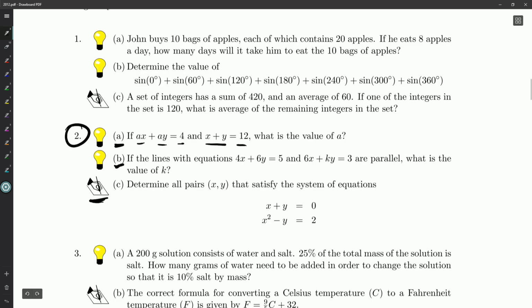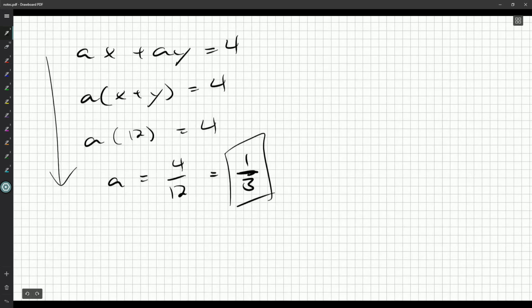If the lines with equations 4x plus 6y equal 5 and 6x plus ky equal 3 are parallel, what's the value of k? Okay. So how we approach this question depends on what we know about this particular form of the line.